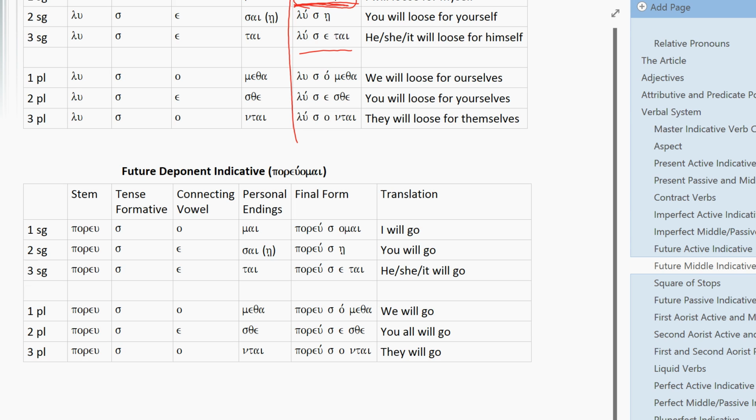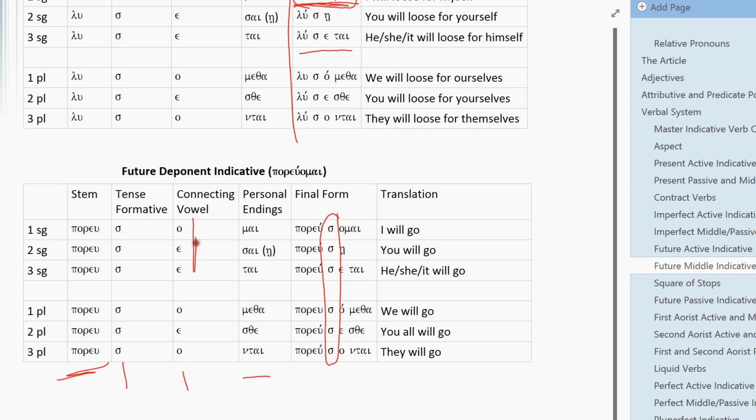But it's got the future active stem, πορευ, it's got the sigma tense formative, the connecting vowel, and then the endings. So you end up with πορεύσομαι, I will go. It looks just like the present deponent indicative, meaning I am going or I go, but you have this sigma added here, and that's a sure sign in this case that you have the future indicative.